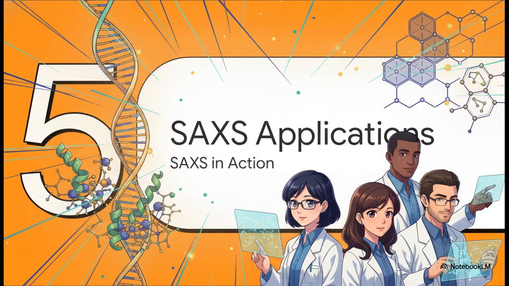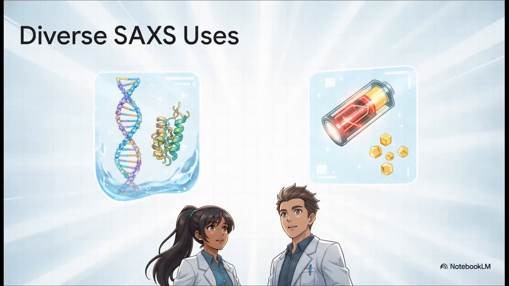Let's move to Section 5, Applications in Biomolecules and Materials. SAXS in action. SAXS is a true interdisciplinary powerhouse. In biology, we're using it to study protein folding, DNA, RNA, liposomes, drug delivery systems, and even complex virus structures. And the massive game changer here is that SAXS studies molecules in solution, under natural physiological conditions, so no complex crystallization is required.